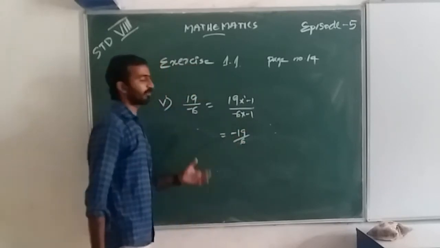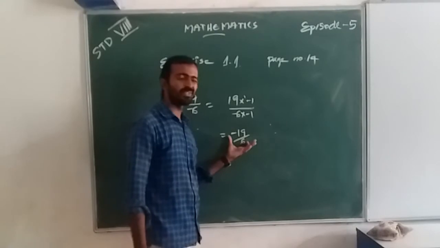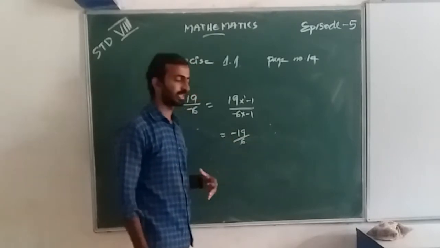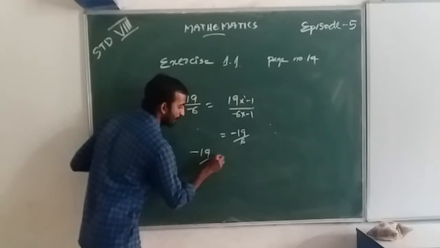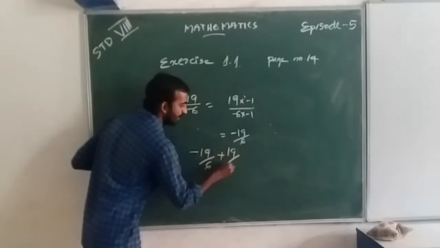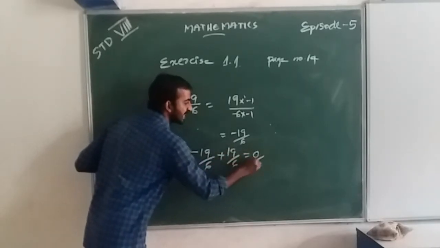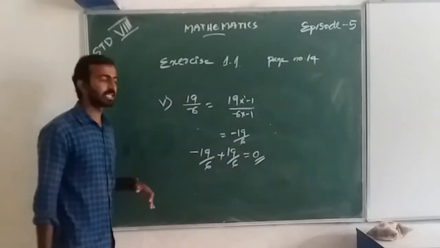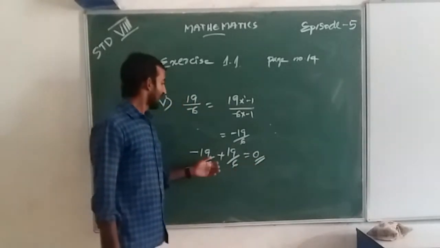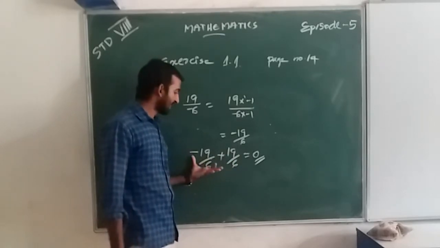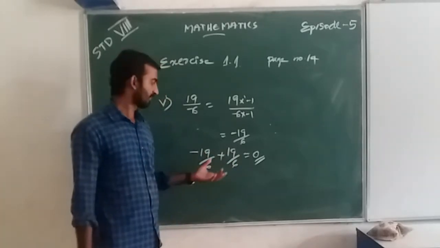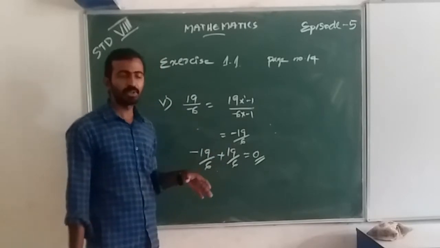We want to find the additive inverse of negative 19 by 6. Negative 19 by 6 plus 19 by 6, we get the answer 0. That is, 19 by 6 is the additive inverse of negative 19 by 6. One more time I explain.